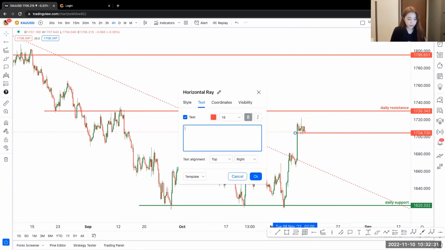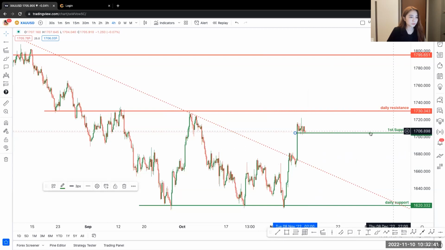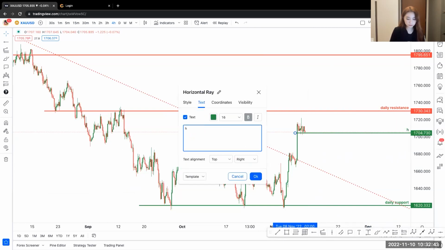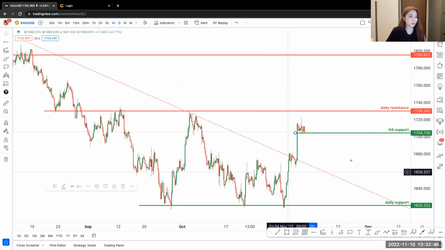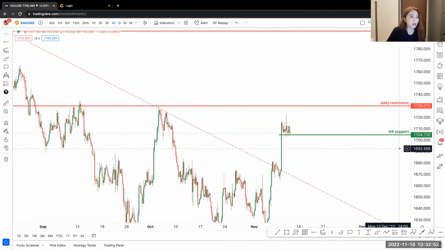We can put this as an H4 support. All right, so we can look at this daily resistance still.